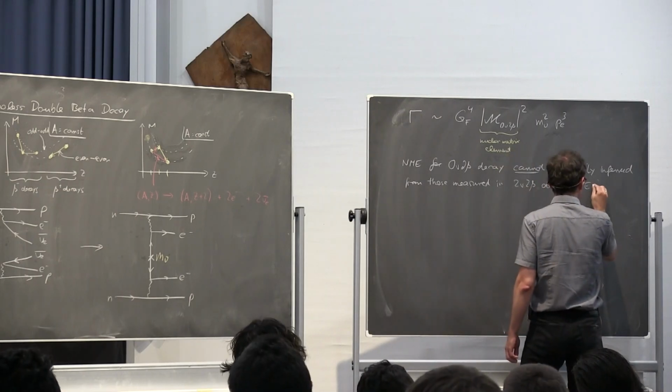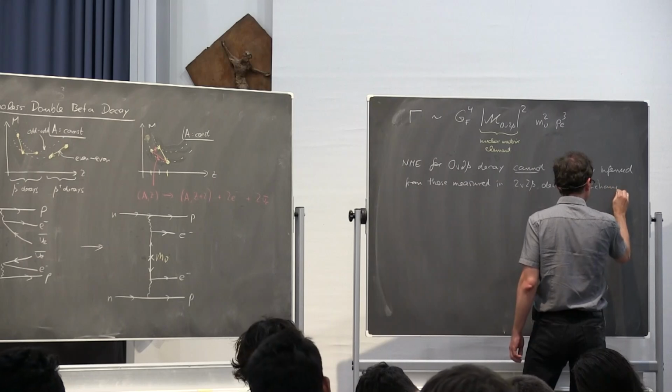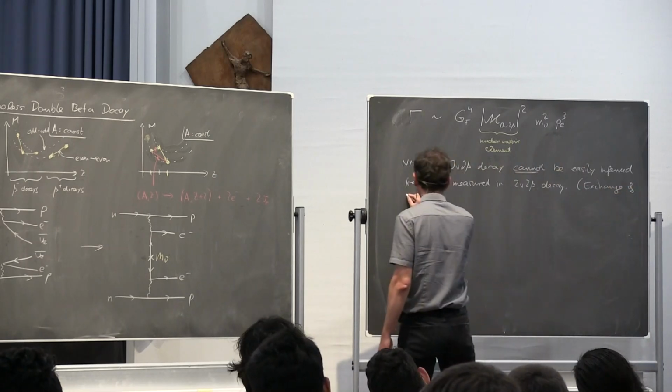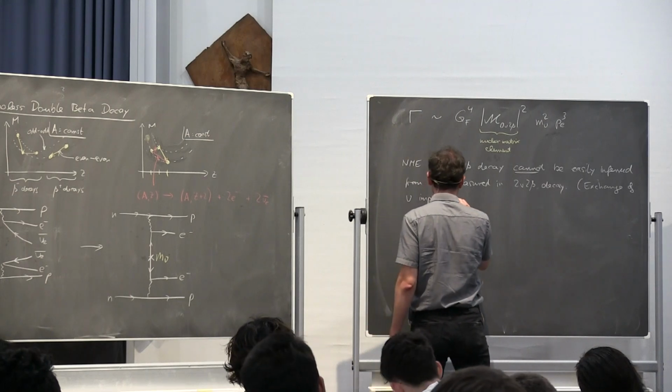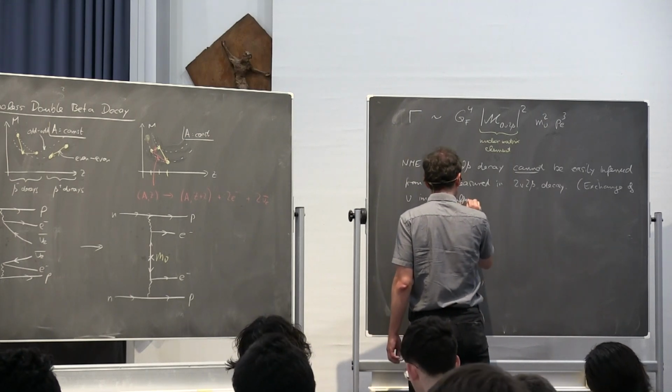And the reason is that the exchange of the neutrino implies different spatial correlations between the 2 decaying nucleons.